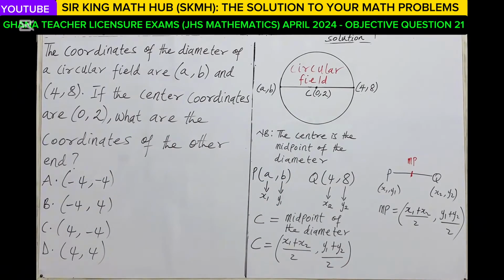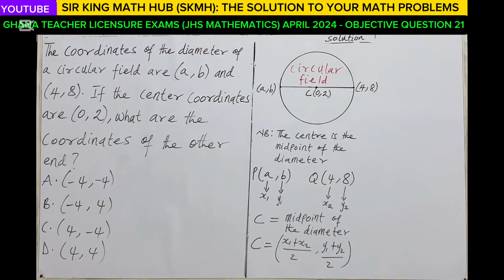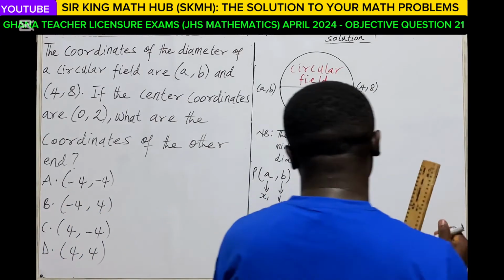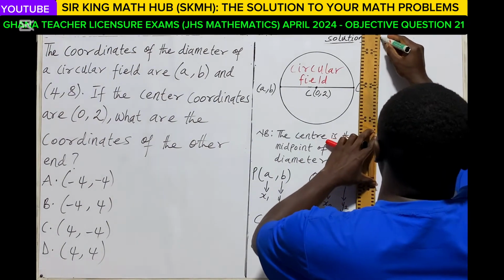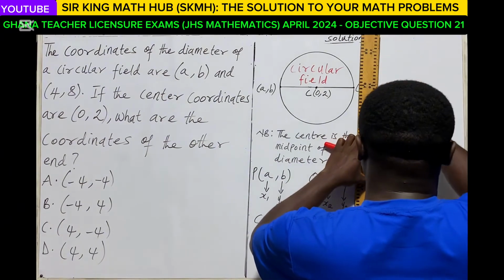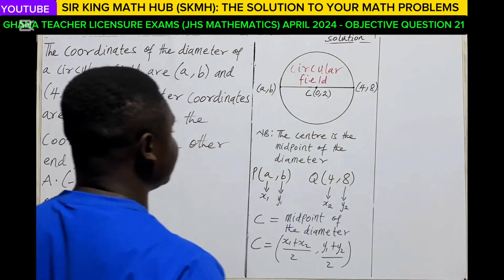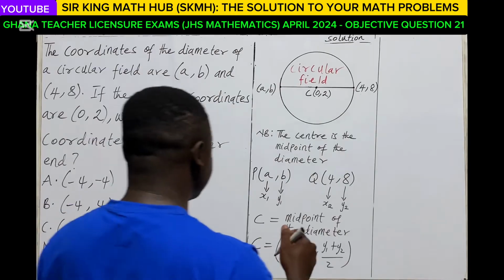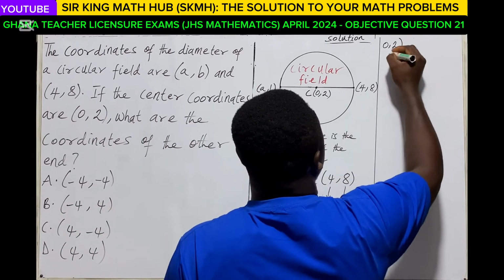Now let's do the substitution. Remember, the midpoint here is the center of the circular field. So the coordinates of the center, we have 0, 2.